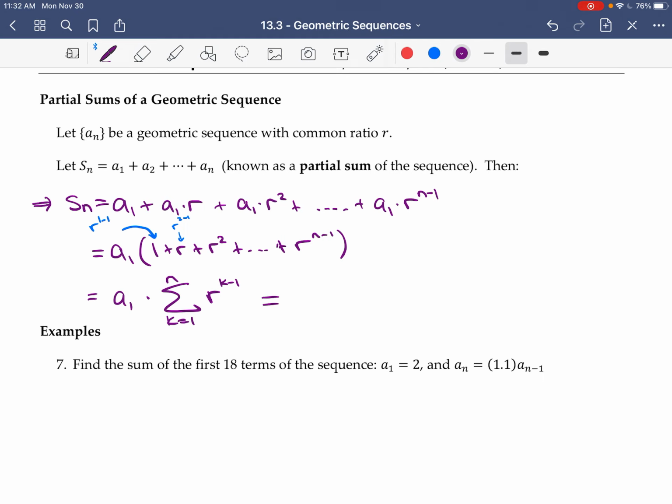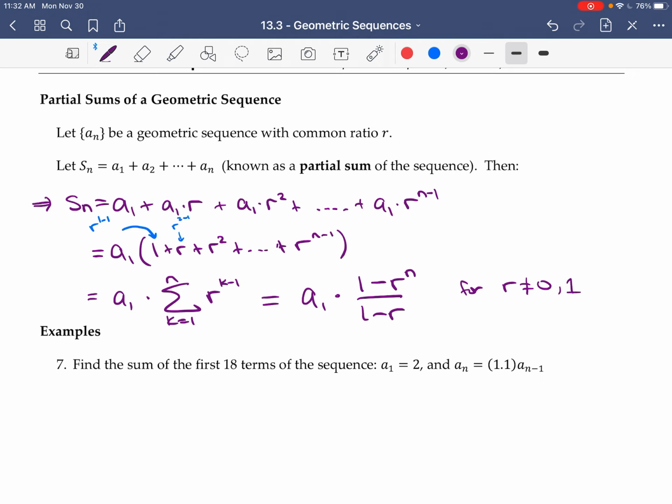Now this sum is actually equal, so this is not one of the formulas that we know, okay, but this one is actually equal to 1 minus r to the n over 1 minus r, as long as r is not 0 or 1.